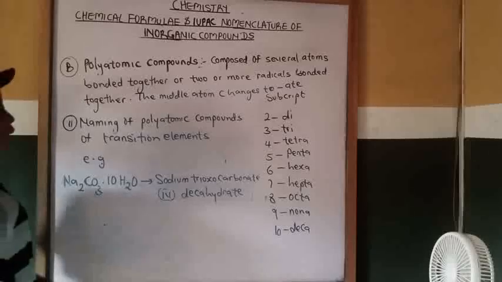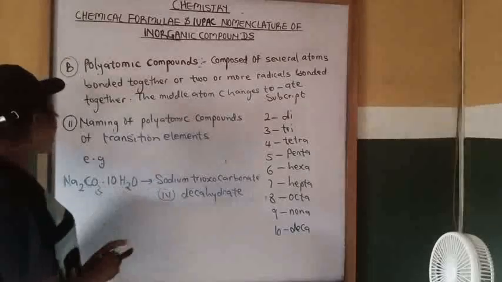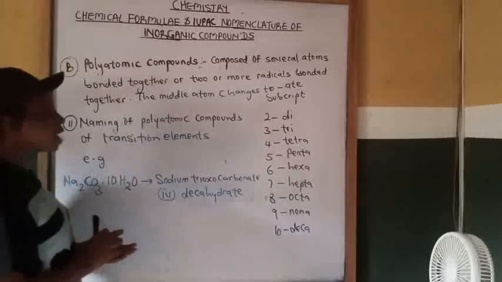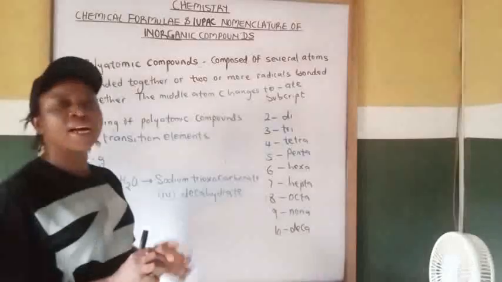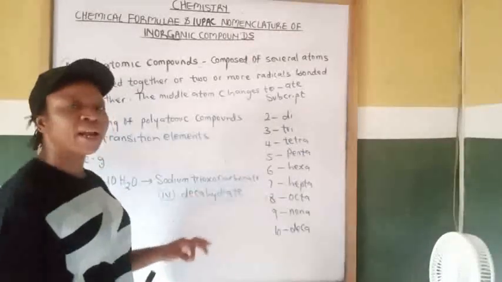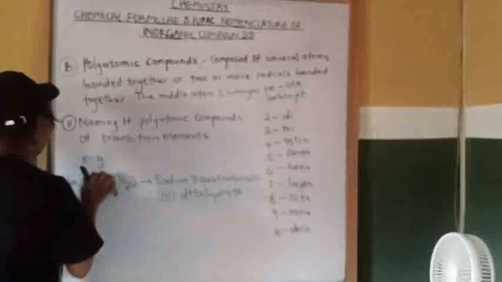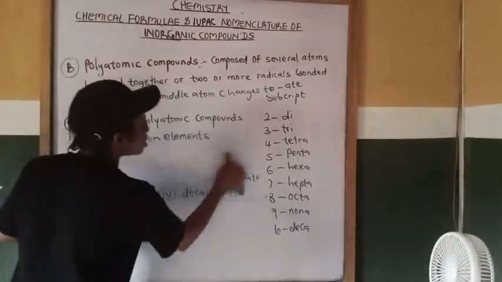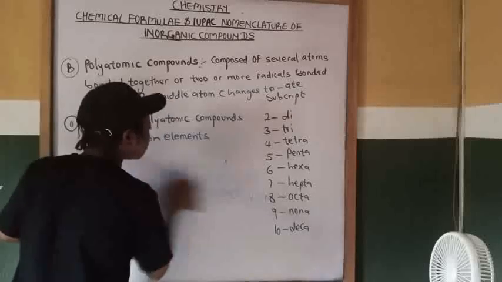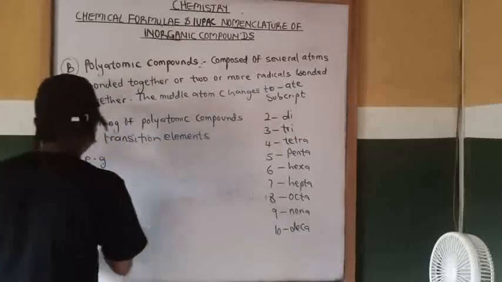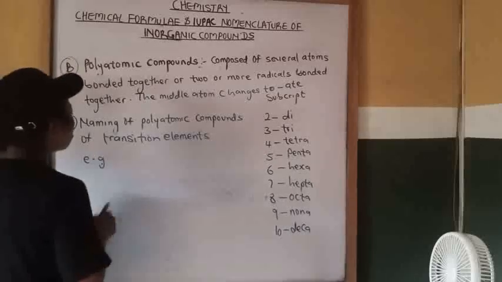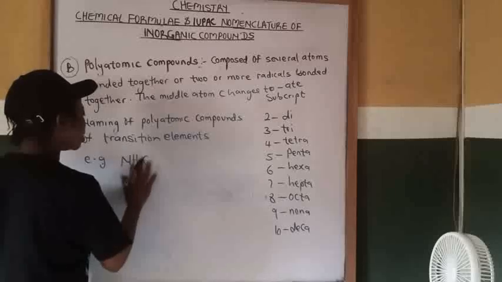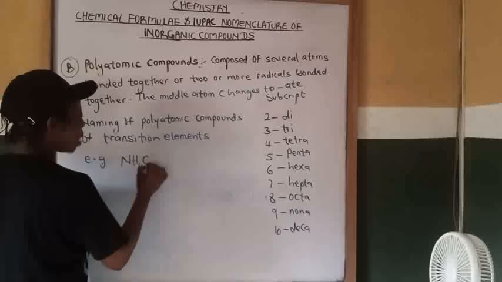Then we have polyatomic compounds, in which their naming is similar to binary compounds. Let's take examples of those compounds, like ammonium, NH4, and chlorine.